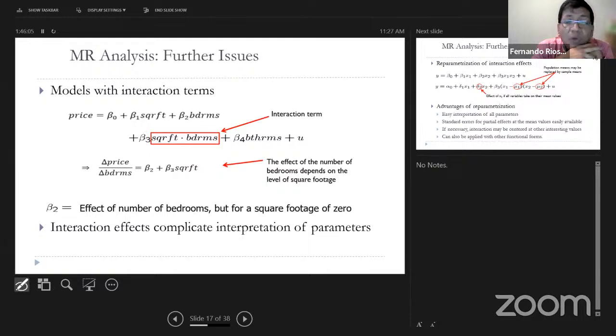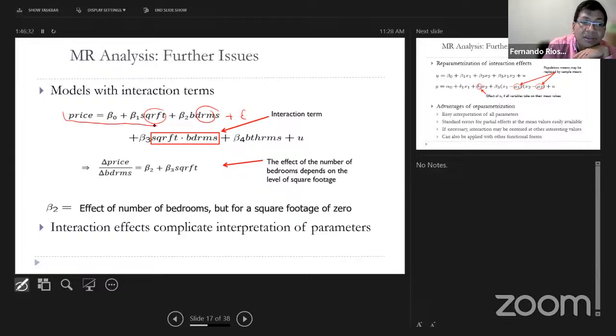So now that we know how to use quadratic terms, we can take a step further and use also interactions. Now, why are interactions going to be important? Consider again this model that I have here. Prices as a function of the square feet of the house and the number of bedrooms, plus an error.